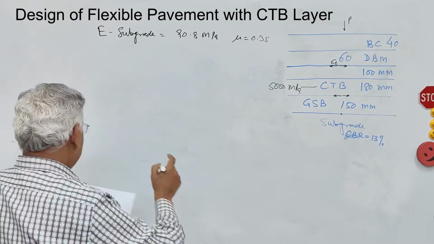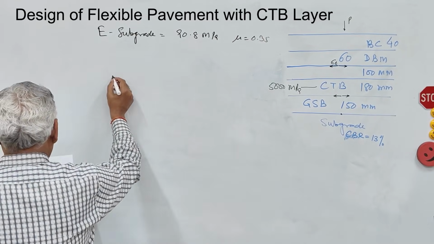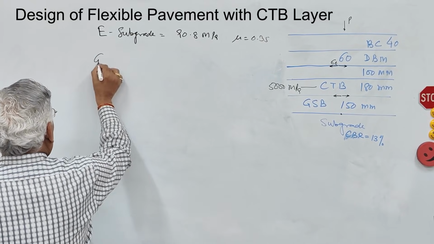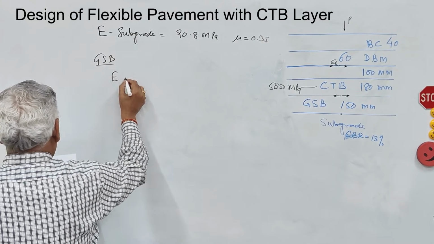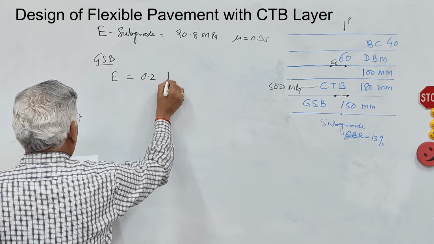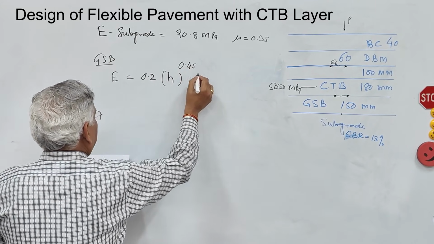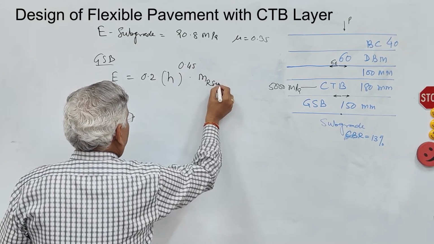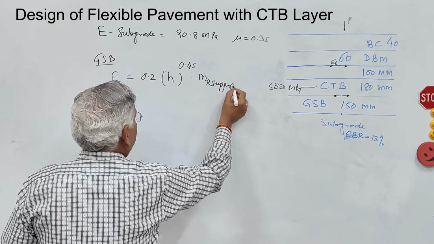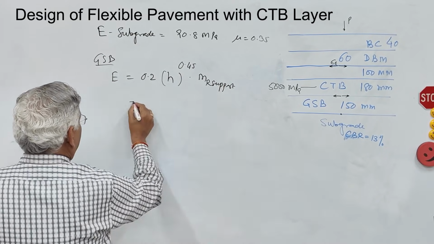For the GSB layer, E value is given by this equation: E is 0.2 into H power 0.45 into MR of support. MR support here is the MR value of subgrade.